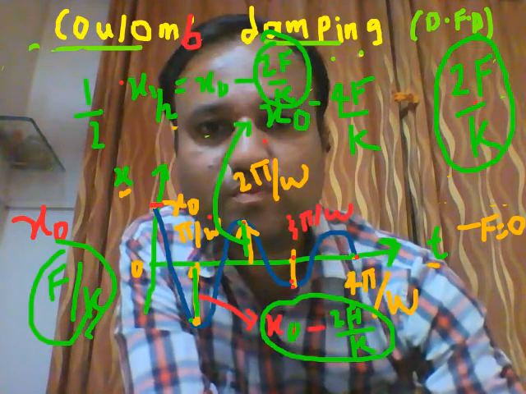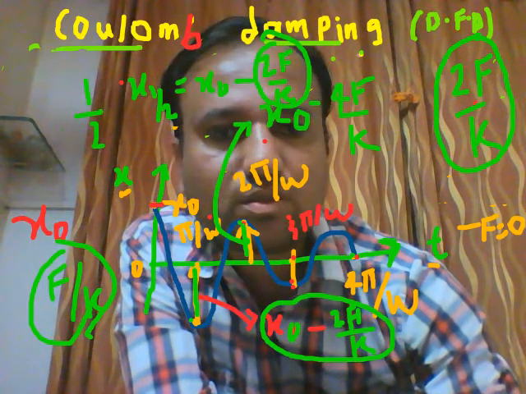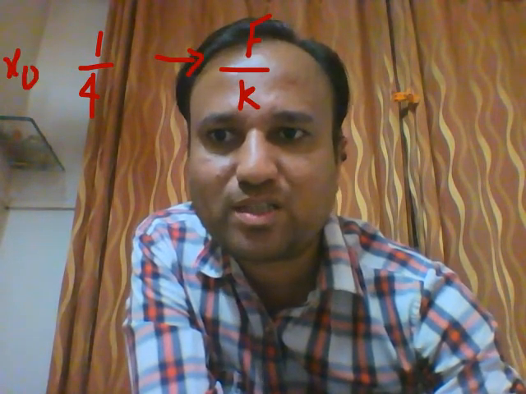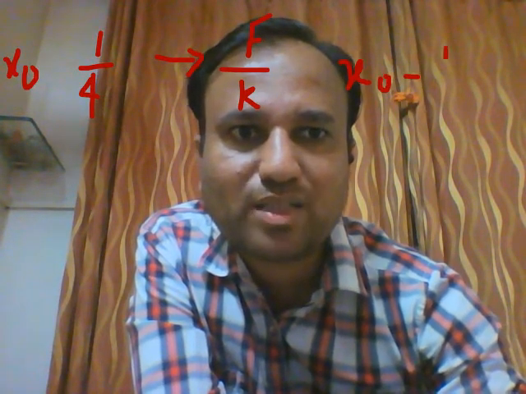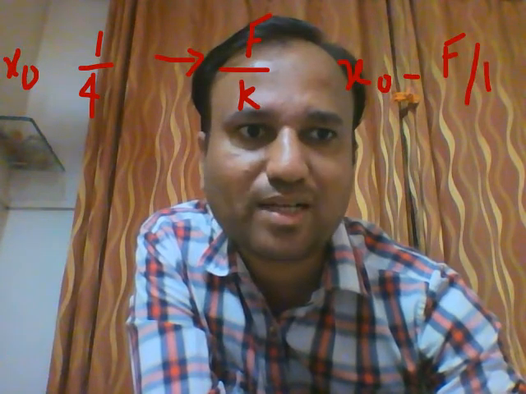So student, in every quarter, I will write down, in every quarter, as far as Coulomb damping is concerned, decrement will be f by k. So if initially x0 is the amplitude, then new amplitude will be x0 minus f by k after 1/4 cycle.